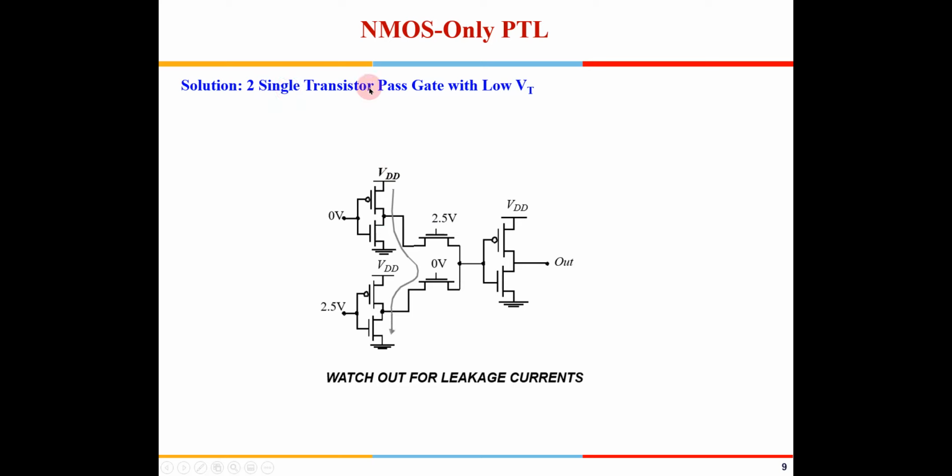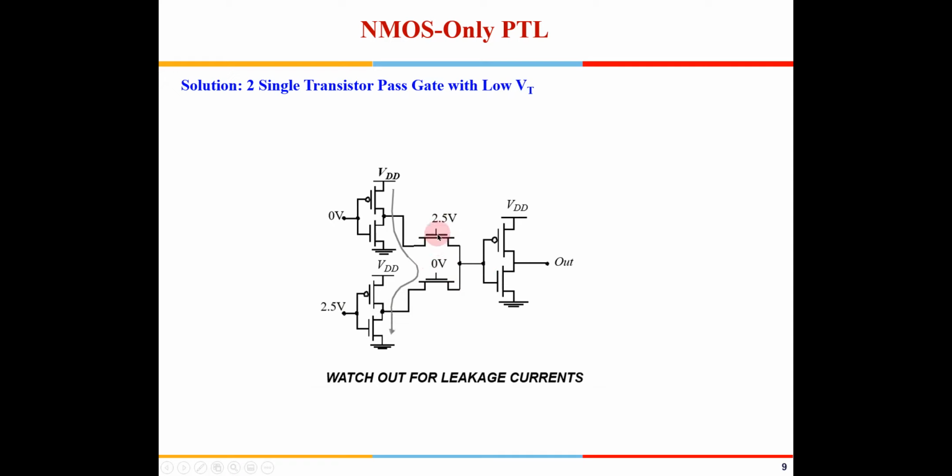Now we are discussing a second solution. In the second solution, you go to low VT devices, or devices whose VT is almost 0. If you have an almost 0 VT, the problem here will be, suppose there is an inverter here, there is an inverter here, and you are using a pass transistor to club the outputs out here, right?